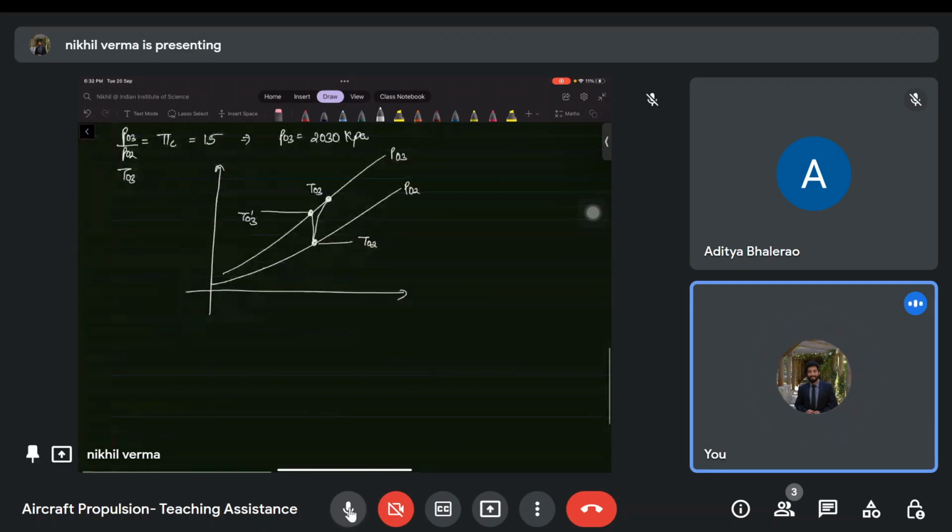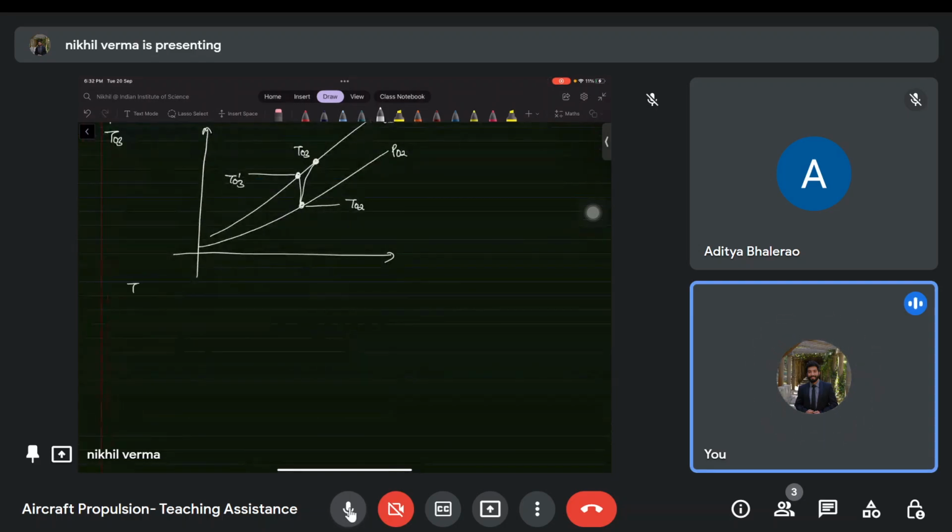T naught 3 dash by T naught 2 is P naught 3 by P naught 2 to the power gamma minus 1 by gamma.